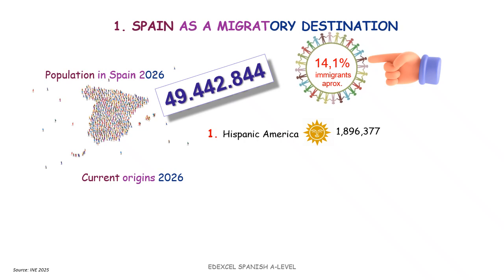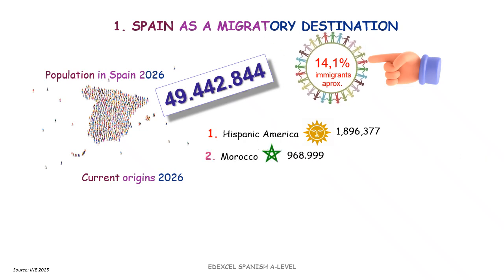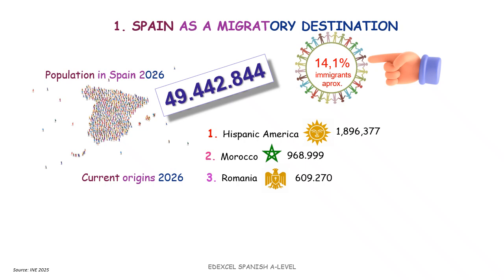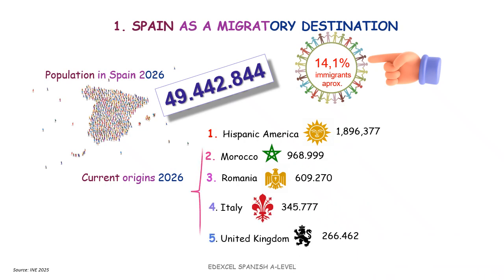In second place, Moroccans with almost 970,000 people. Next, Romanians, around 609,000, and then Italians around 345,000, and finally British 266,000.